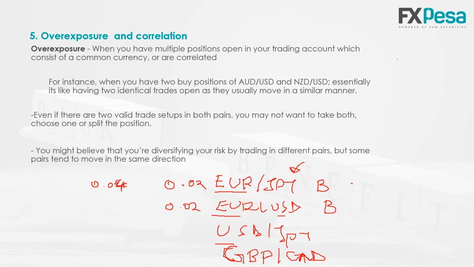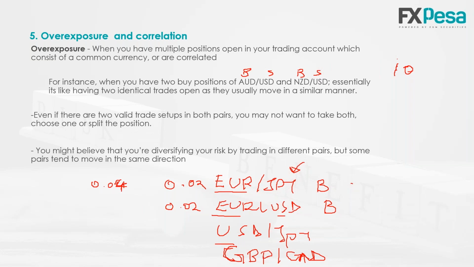For example, when you open a buy position on Australian dollar USD, Aussie USD, and New Zealand USD, essentially it's like having the same trades, because you've bought Australian dollar, you've bought the New Zealand dollar, but you have sold USD in both cases. So it's like splitting one trade into 2. That's, if you want to use that positively, think, for example, in the case where you're not risking more than $10 in a single trade, but maybe you want to distribute it.